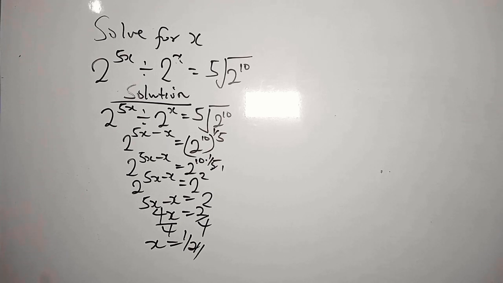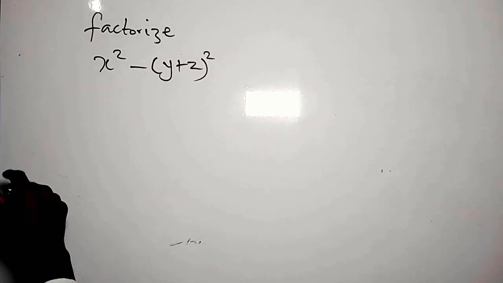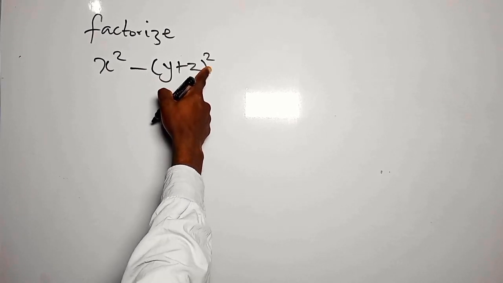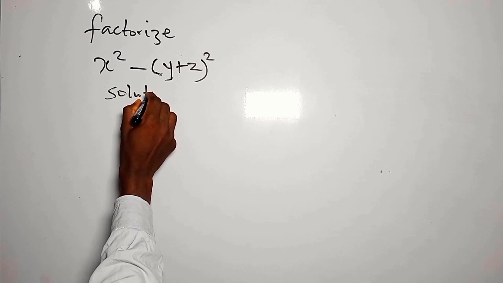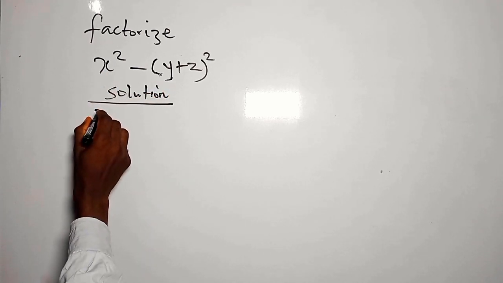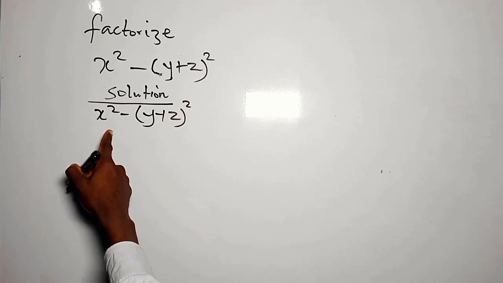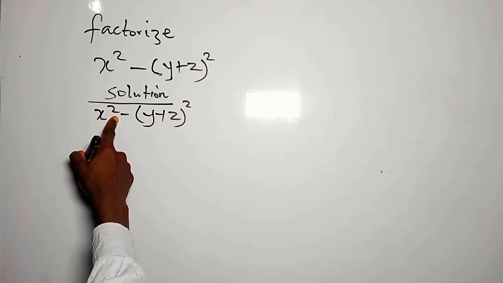Thank you very much. The question says factorize x squared minus (y plus z) squared. So how do we factorize this? Solution: we have x squared minus (y plus z) squared. We can apply the difference of two squares.